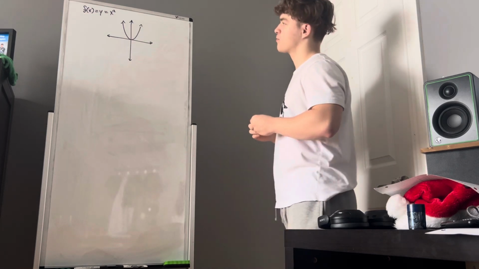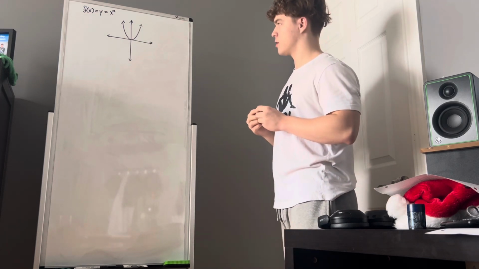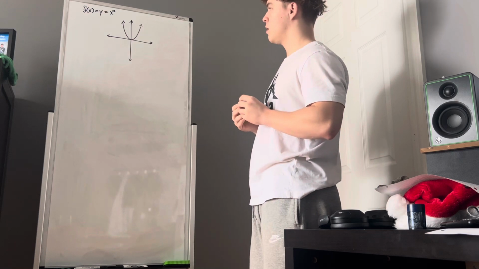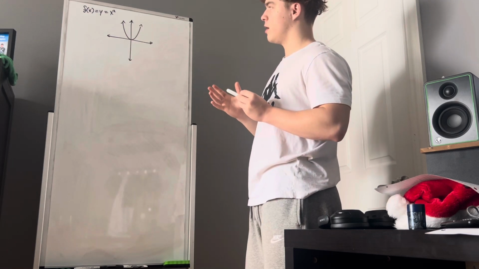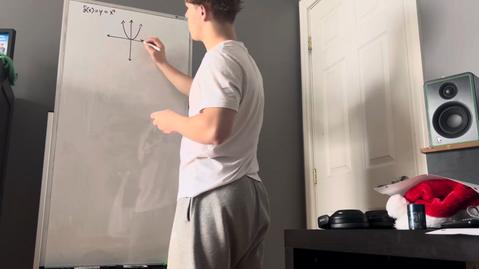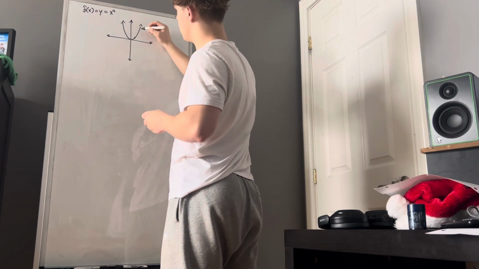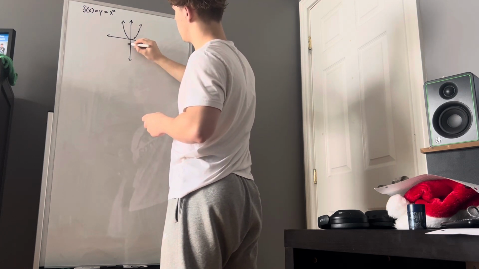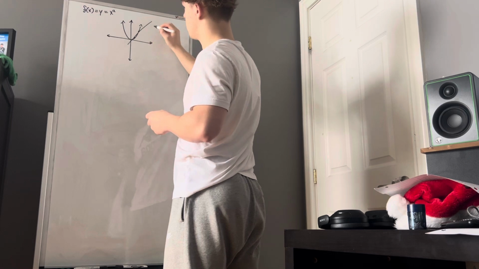And so, what if I took a point on this curve and I estimated the slope at that point? So if I took my point here, I took my point here, I drew a line through there.